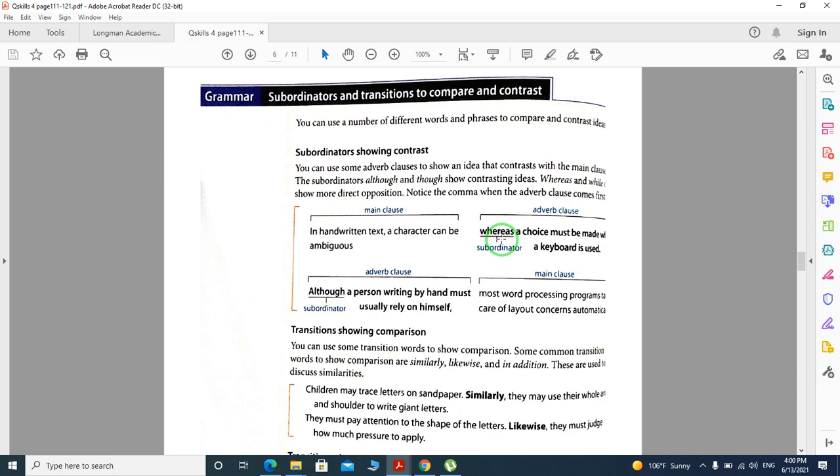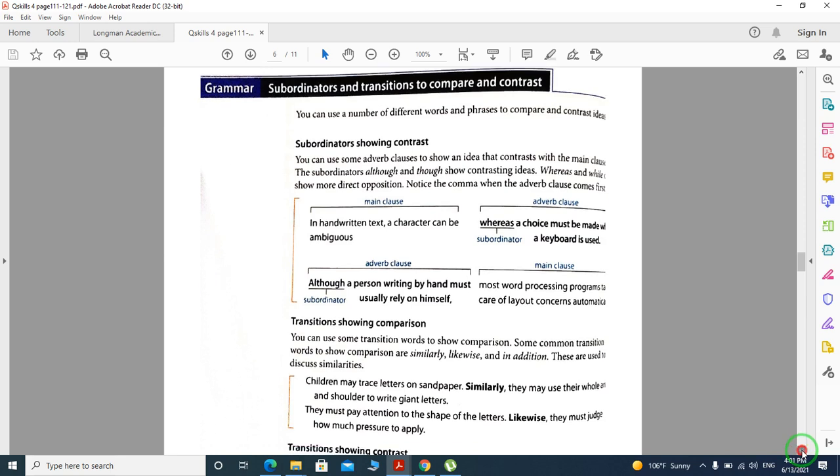Sometimes the commas are used, but generally the rule is when the subordinator is in the middle of the sentence, no comma is needed. But if it is in the beginning of the sentence, where our adverb clause ends, we have to put a comma, and then we write our main clause.